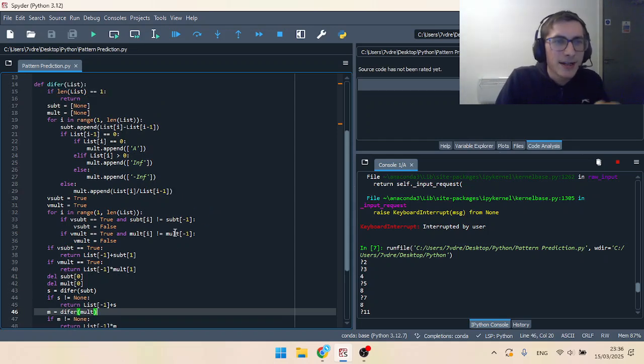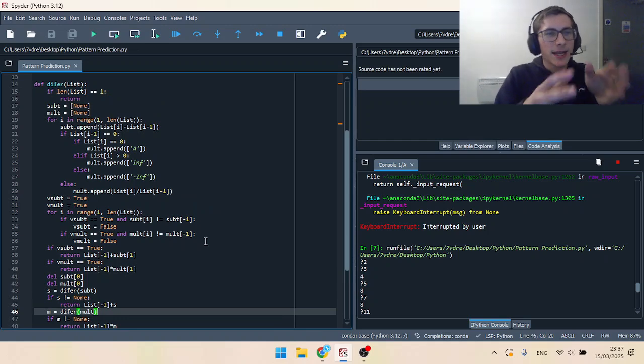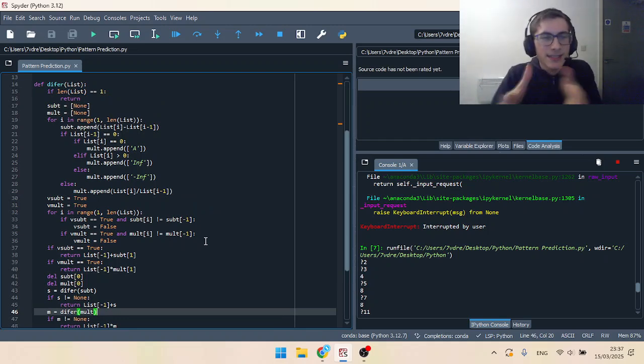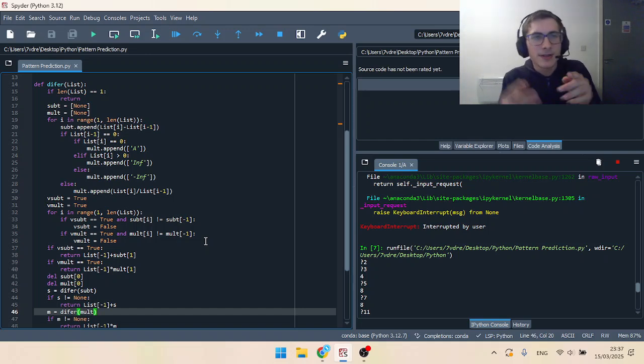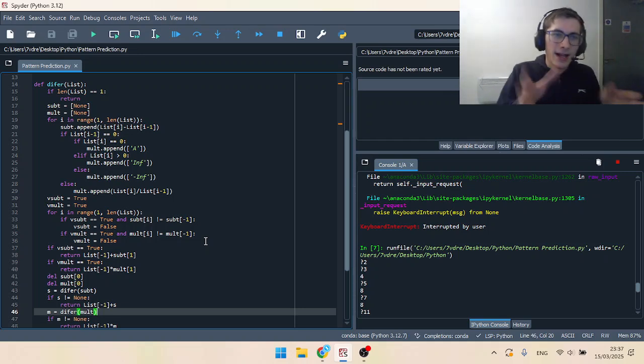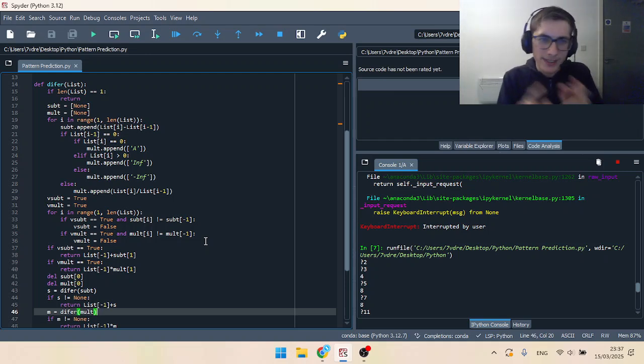There are differences between the numbers, and there are also divisions between the differences, and differences between the divisions of the differences. That sort of thing, and something in that area will be the same.